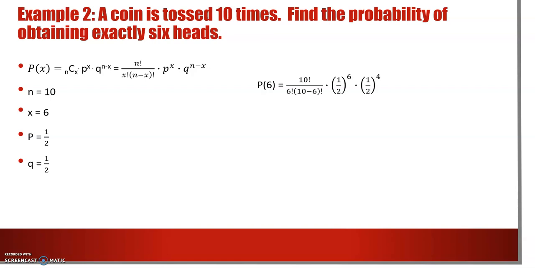P of 6 equals 10 factorial divided by 6 factorial times 10 minus 6 factorial, times 1/2 to the 6th times 1/2 to the 4th. Multiplying, P of 6 is 105 divided by 512, which is approximately 0.2051.